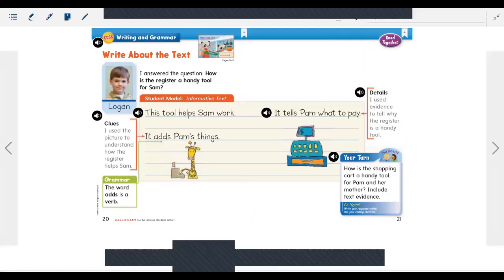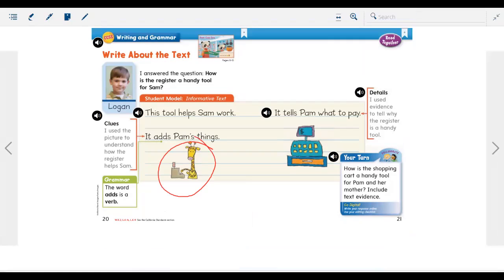Okay, so here is Sam, and Sam is using this tool called a register. So the prompt asked, how is the register a handy tool for Sam? Well, this little boy, Logan, he used notes about the text to find out how the register helps Sam.